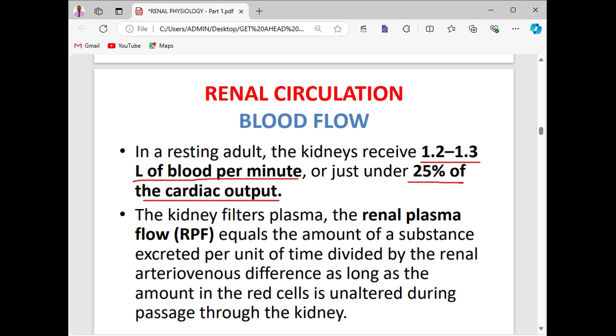usually the kidney filters the plasma. So you'll find that the renal plasma flow is normally equal to the amount of a substance which is excreted per unit time, divided by the renal arteriovenous difference, so long as the amount in the red cells is unaltered during the passage through the kidney.